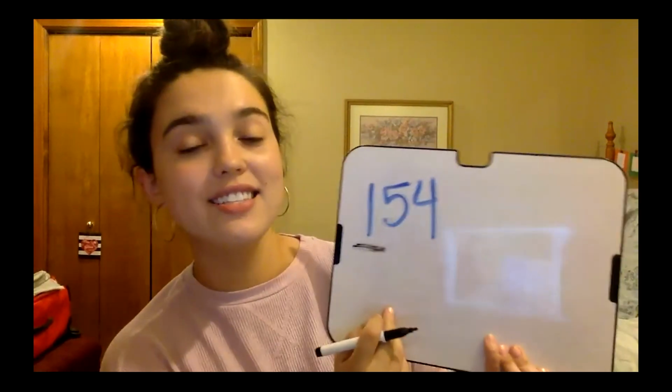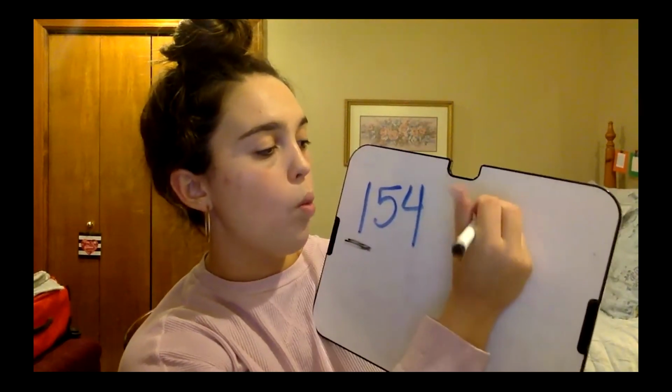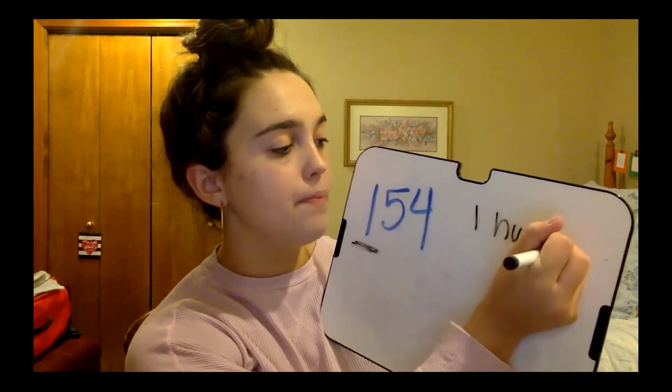Let's keep on going. We only have one more, and then you guys can do some independent practice. So our final number we're going to do together is 154. Okay. How many hundreds do we have here? 100. Awesome.